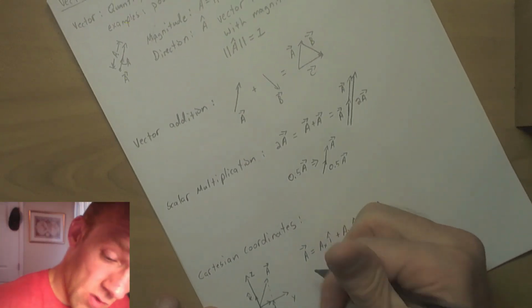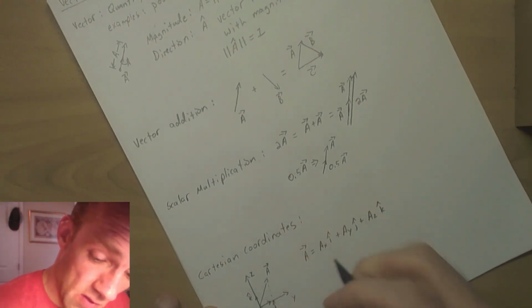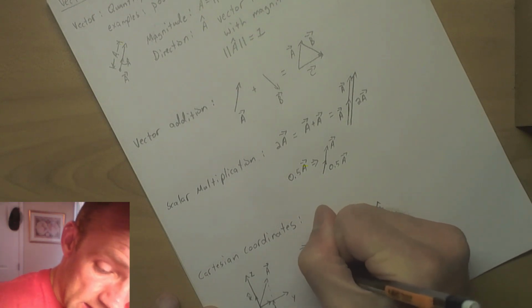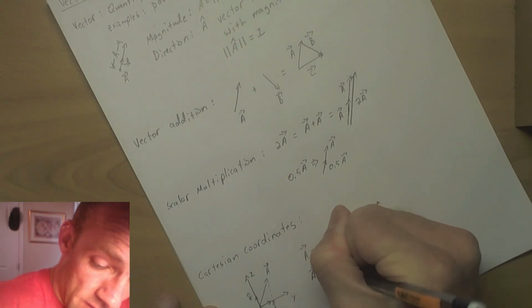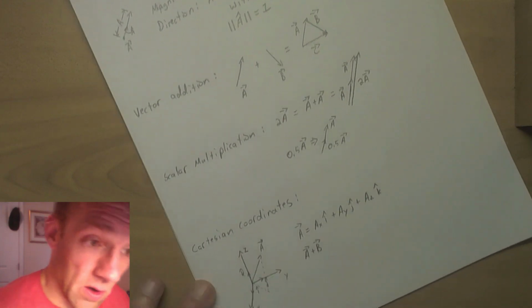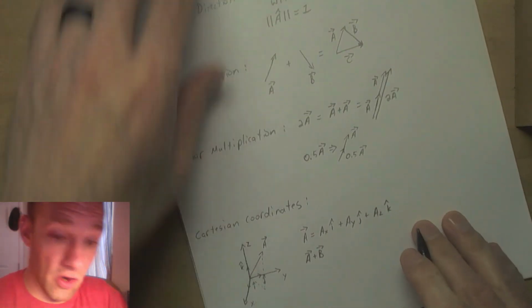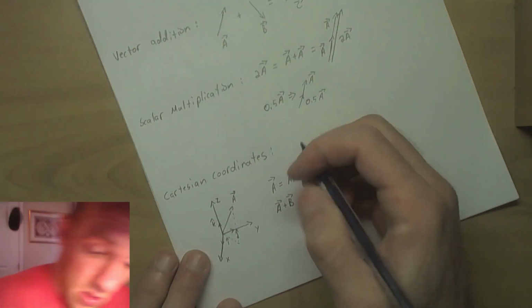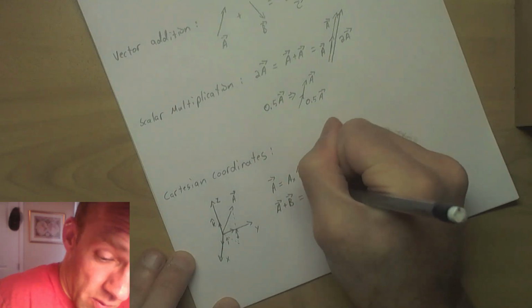And so in this setup, we can define vector addition simply by adding the components.